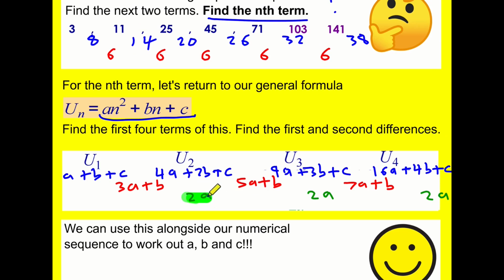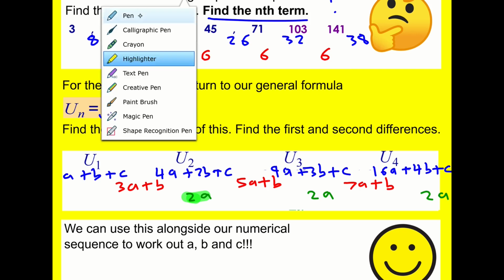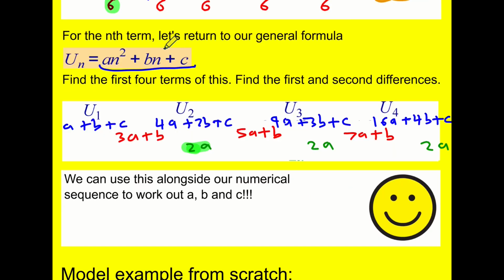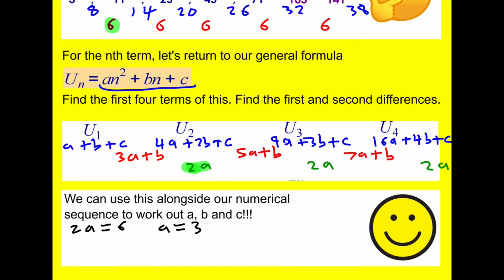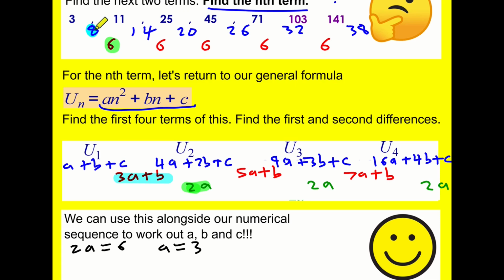My second difference is always 2a, and in my sequence it is 6, so I can set 2a equal to 6. And therefore, a must equal 3, and I found the first term of my sequence. But I'm not going to stop there. I'm now going to look at the first difference, 3a plus b, and compare that with 8.